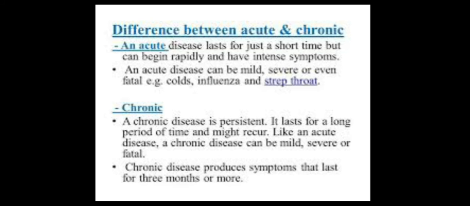Examples: common cold, slight fever, etc. And chronic diseases are very long term diseases and cannot easily be cured. It takes a very long time, and sometimes it will persist. Examples: elephantiasis, tuberculosis, etc.